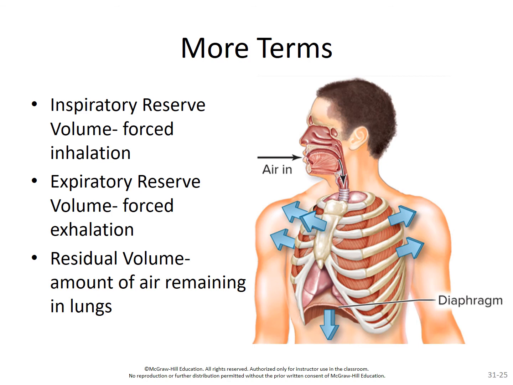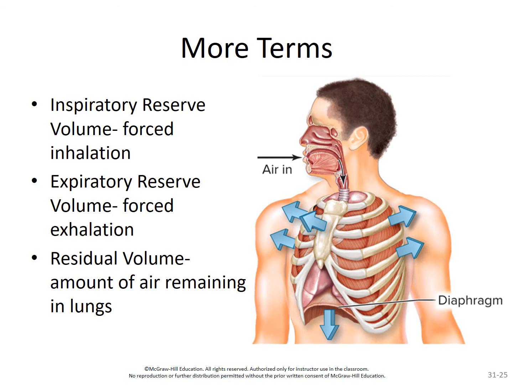So basically, you can force more air into your lungs by expanding your chest cavity to a greater extent than normal. So the inspiratory reserve volume is the volume that you can inhale above and beyond your tidal volume. Your expiratory reserve volume is the amount of air that you can exhale above and beyond normal tidal volume, the exhalation that you have in normal tidal volume.